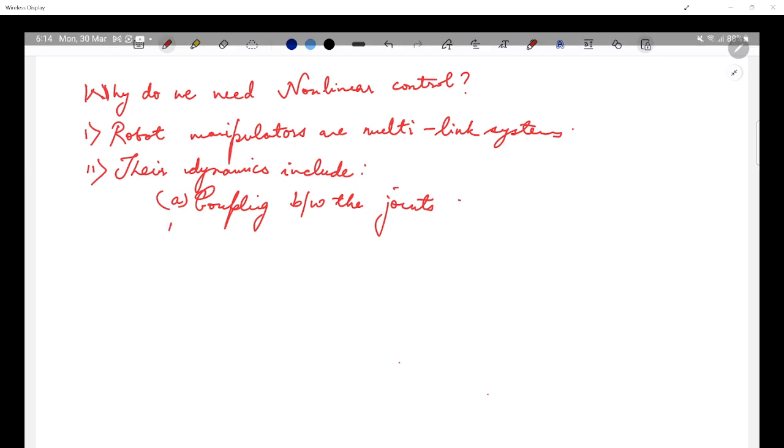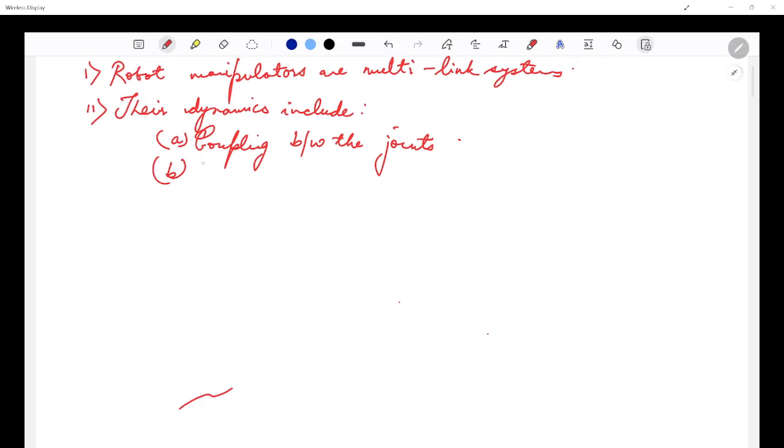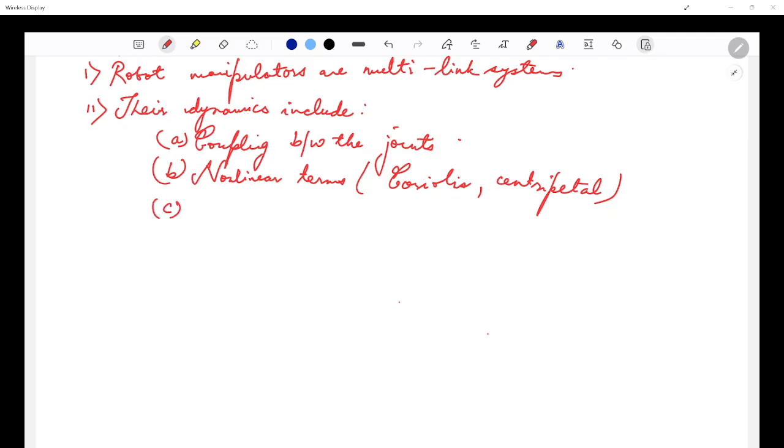It also includes non-linear terms, which, if you have seen the lecture, are Coriolis, centripetal, and also gravity.